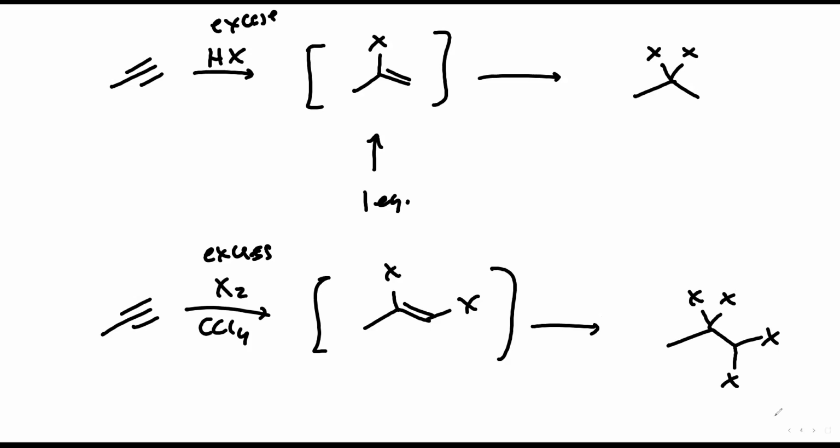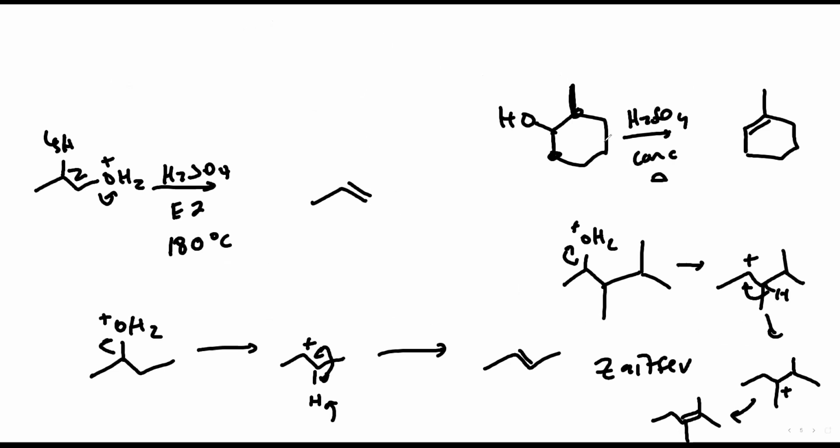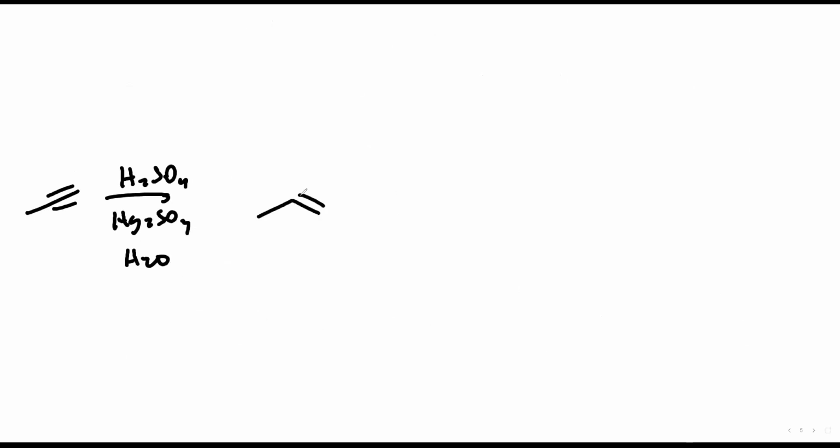Where alkynes get a little interesting is in their hydration reactions, because if I were to hydrate them, usually you'll see this done in a mercury solution. Okay. Again, with the OH at the more substituted position, this is known as an enol, and enols very, very quickly do something we call tautomerize into carbonyls, or their keto form.